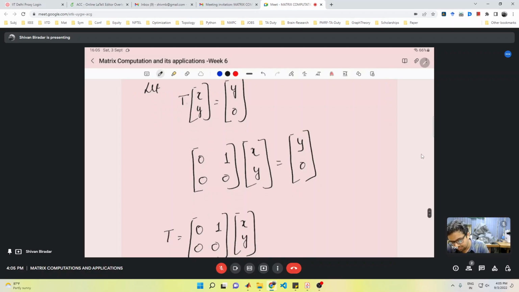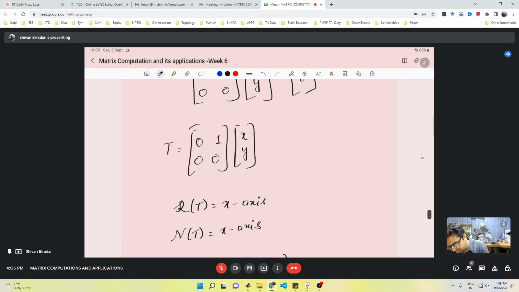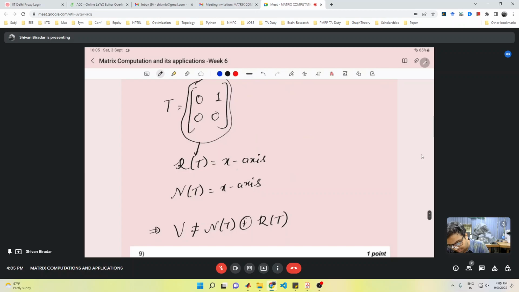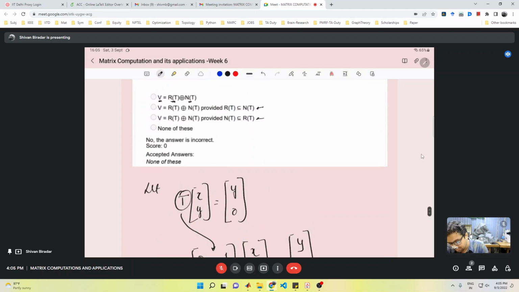So this T basically is this thing, right? So corresponding to this T, the range space of T is x-axis and the null space of T is also an x-axis. So this is true. Okay. Which means that the answer is this. None of them are true.